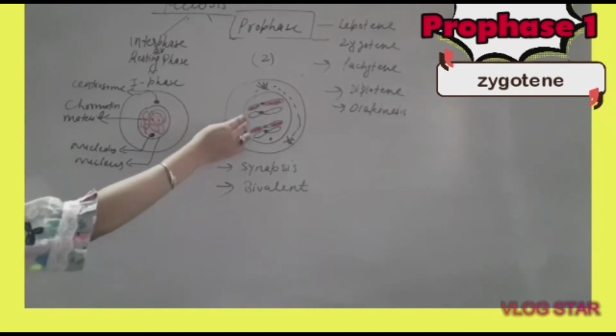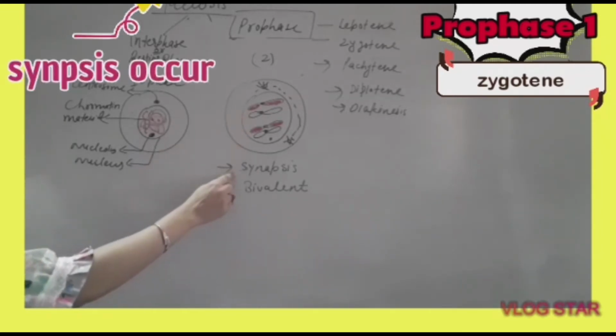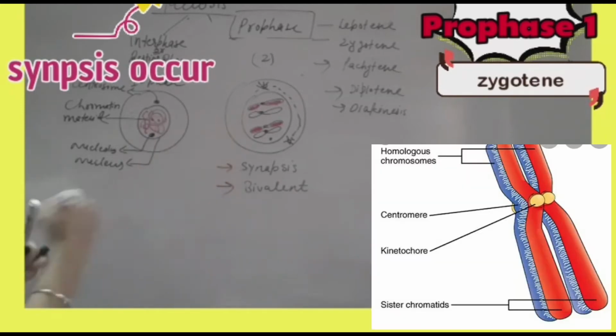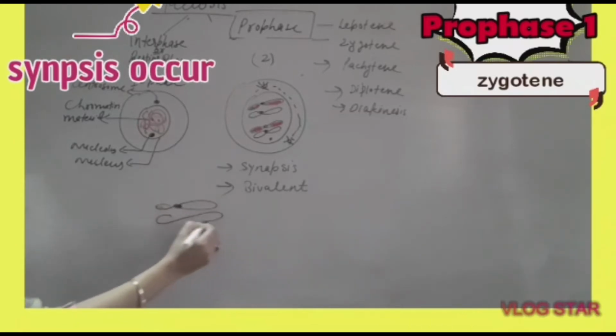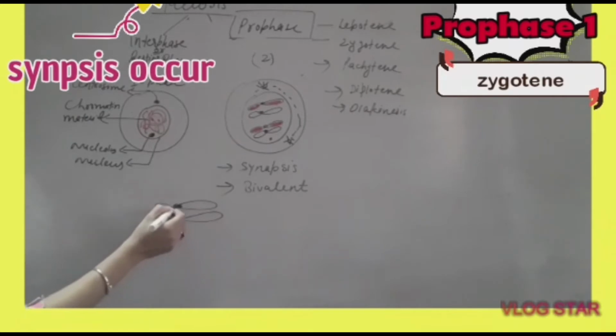They lie in such a way that it is known as synapsis. They lie parallel in such a way that one chromosome bearing the gene has an area exactly opposite to the other chromosome bearing the gene. Two chromosomes have their gene bearing areas lying parallel, opposite to each other. This is known as synapsis.